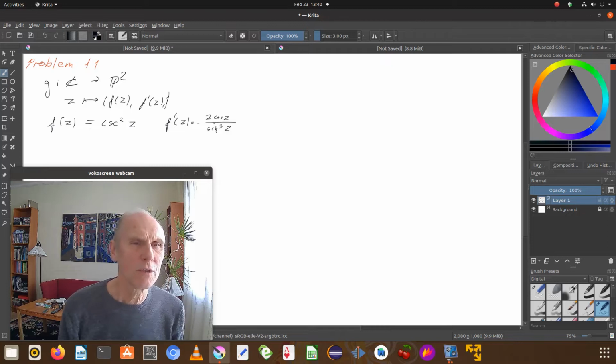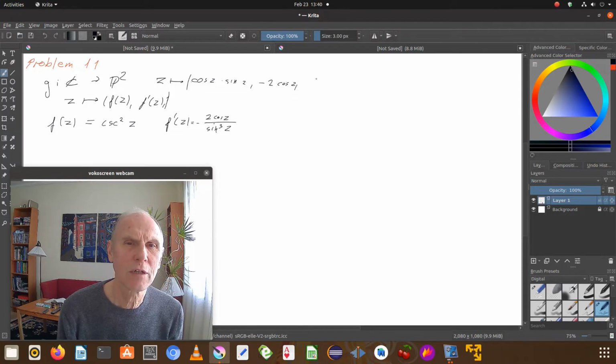So to make the correct projective map, I think we should do it like this. Z maps into, and then we multiply them all by sine to the third. So the first one is cosine times sine, then minus 2 cosine, then sine to the third.